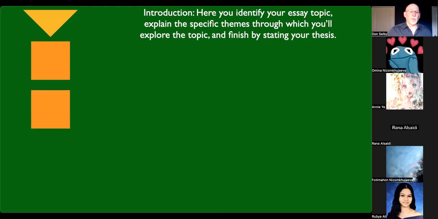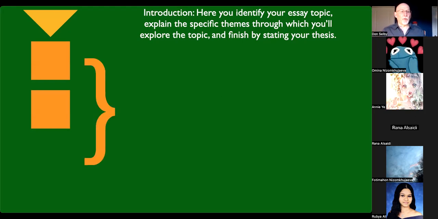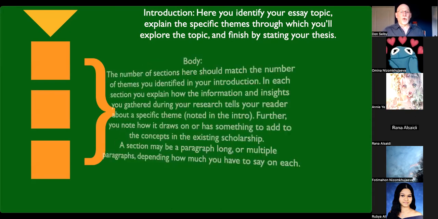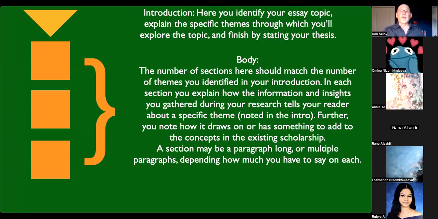So then you get into the body of your paper, and through the body of your paper, you're going to be elaborating on each of the themes that you raised in the introduction, right? So you don't want to raise things in the body of the paper that don't appear in your introduction.